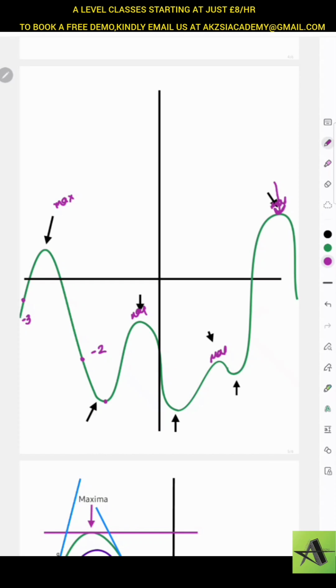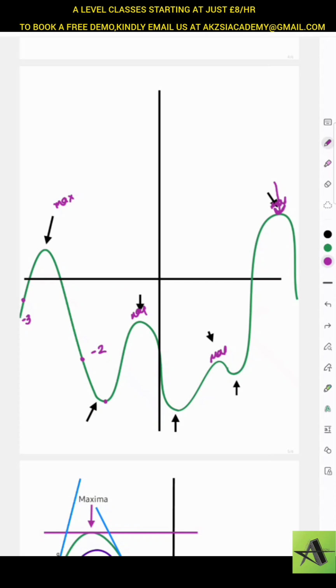It's the highest one. So throughout the domain, this point proves that this is the maximum point, and hence this is called absolute maxima, whereas in this case this is the most minimum point throughout the domain of this curve, and hence this is called absolute minima. So this is basically the graphical understanding of it.